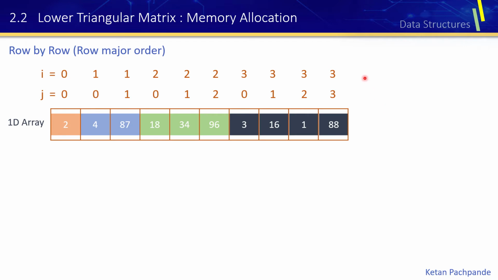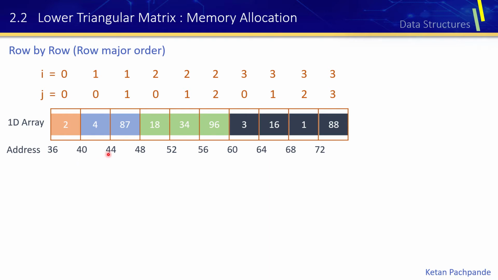Let me again take the same example here. So I have shown the values of i and j. Let's consider this 1D array is loaded in the memory starting with the address location 36. Assuming that I am storing integer elements in this array and assuming the size of an integer is 4 bytes, the address of the next element would be with the offset 4, that is 36 plus 4 will be 40.